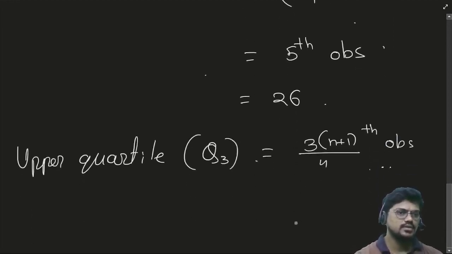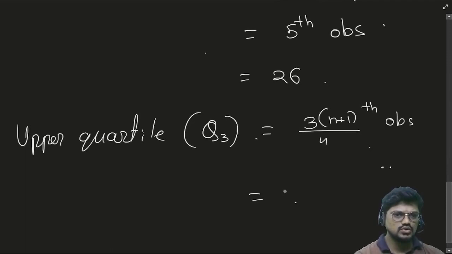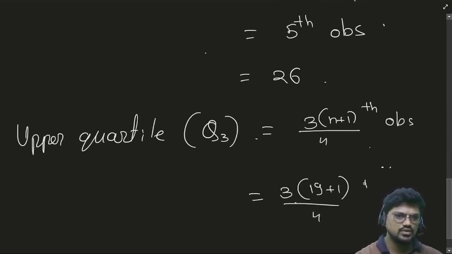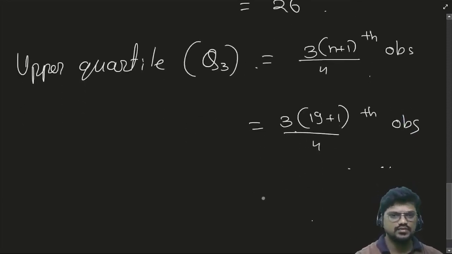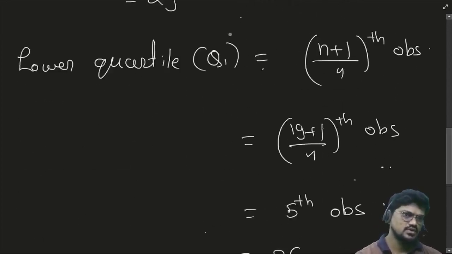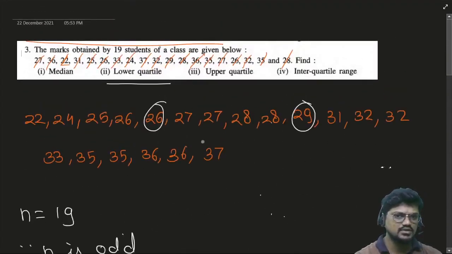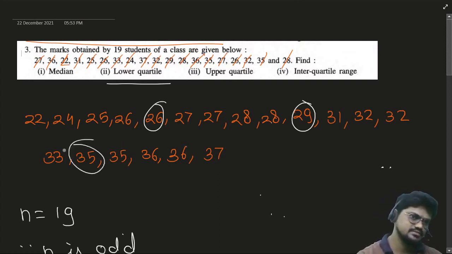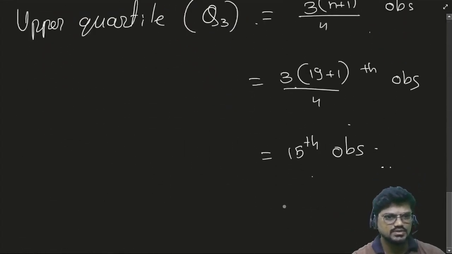So this will be 3 into (19 plus 1) by 4. That is 20 by 4, 5. 3 fives are 15. So you need to find the 15th observation. This is the 19th observation, this will be 18th, 17th, 16th, and this will be 15th. So your 15th observation is 35.